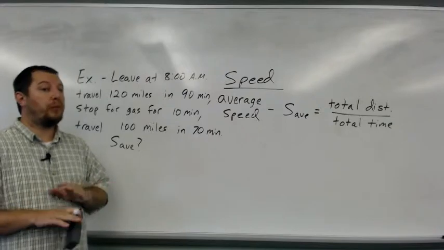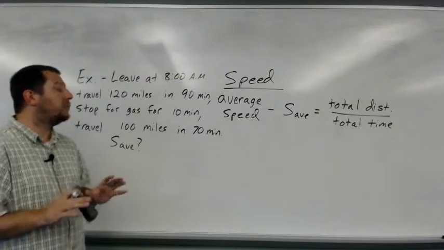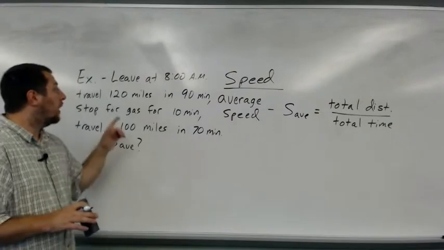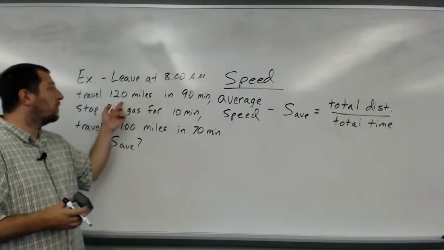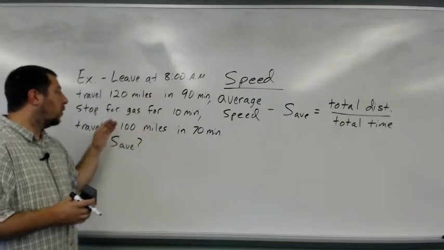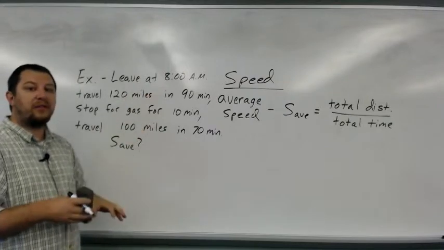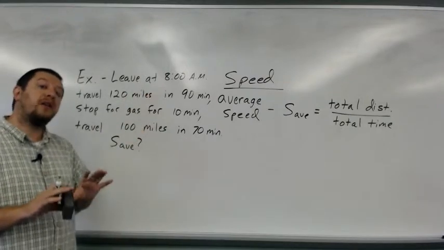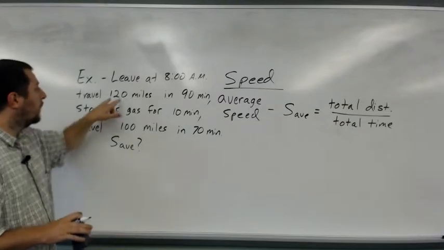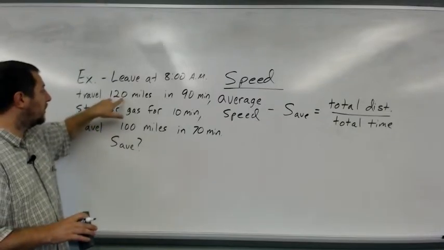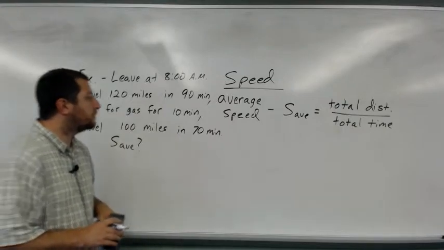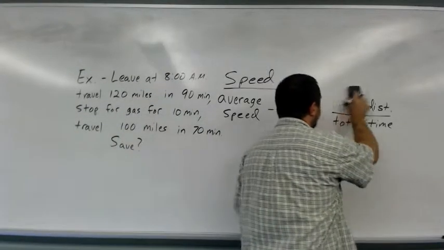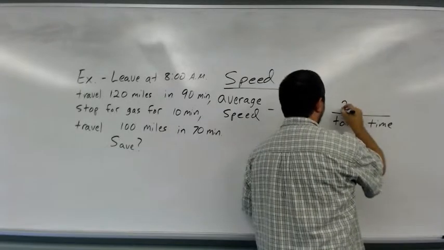Now note, I do not care at all what direction I'm traveling in. I could initially be traveling north and then turn east, or I could be traveling south and then turn west. I don't care. All I'm talking about is the distance. So my total distance is going to be 220 miles.